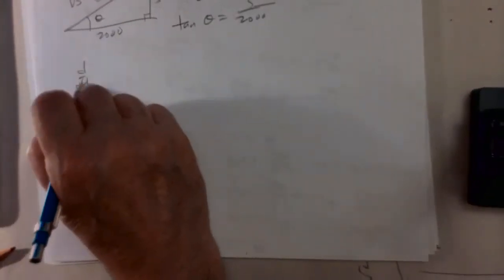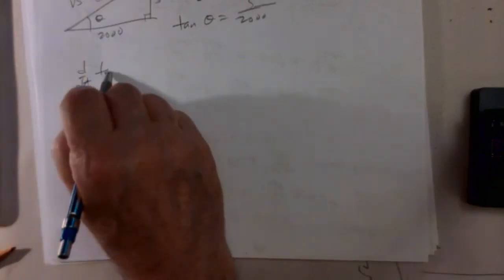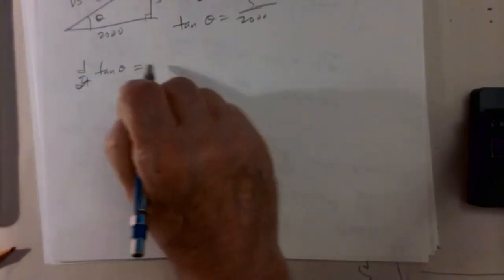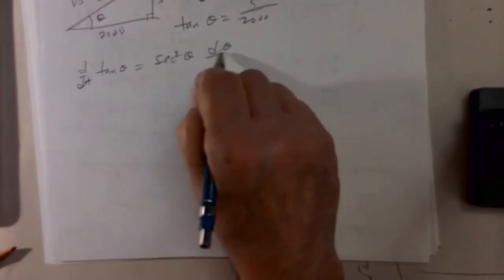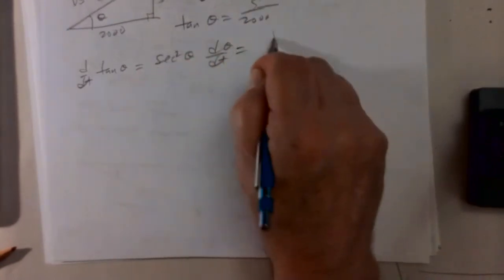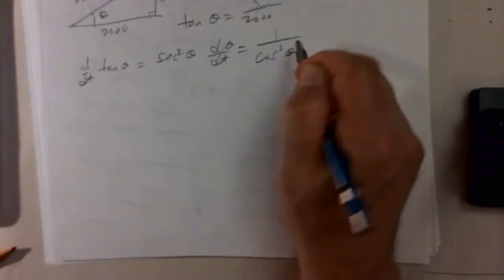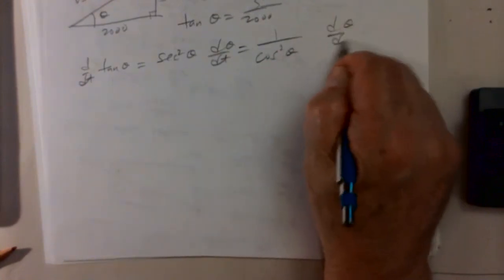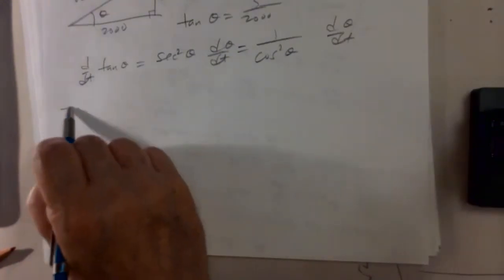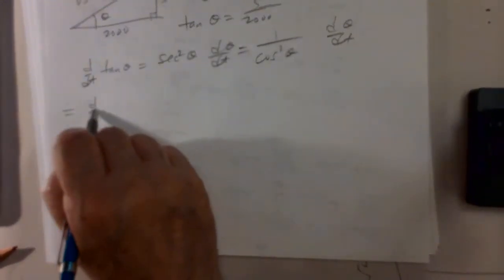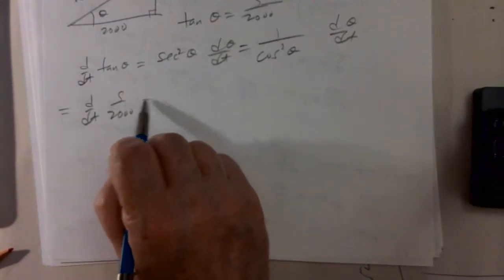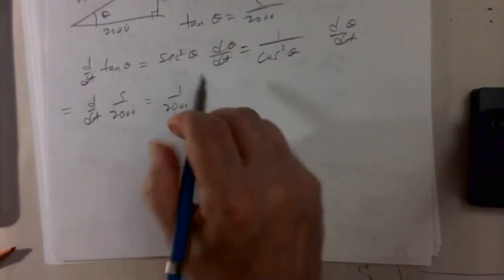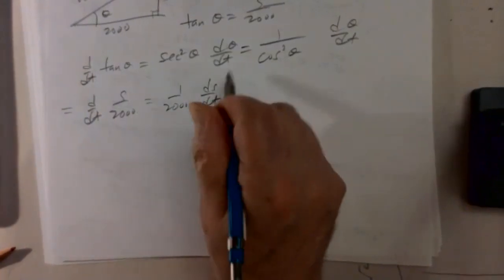So from this relationship, the derivative with respect to t of tangent of theta is secant squared theta d theta dt. Or if you like, I can write this as 1 over cosine squared theta d theta dt. And this is equal to the derivative with respect to time of S over 2000, which is 1 over 2000 ds dt.